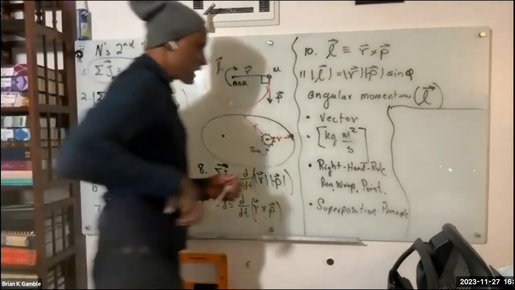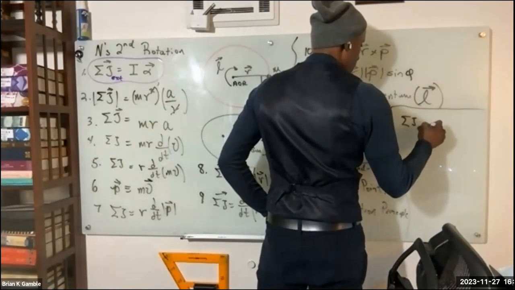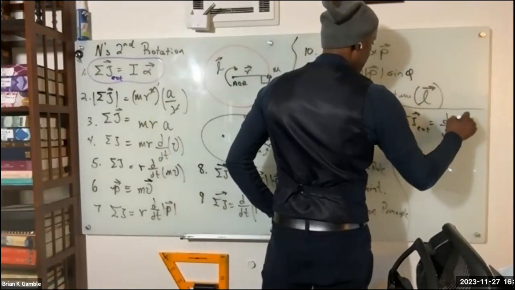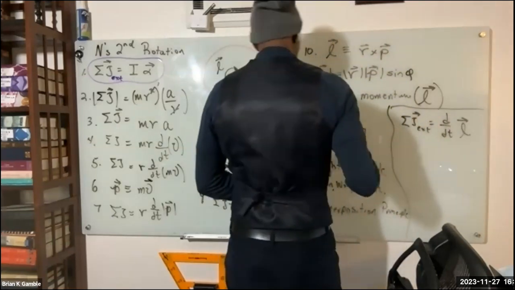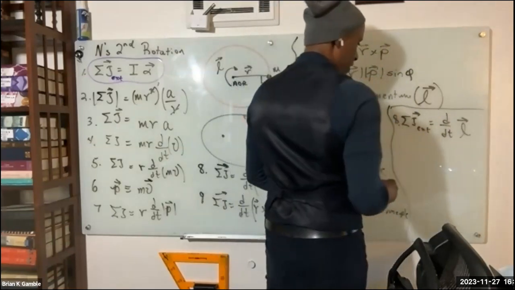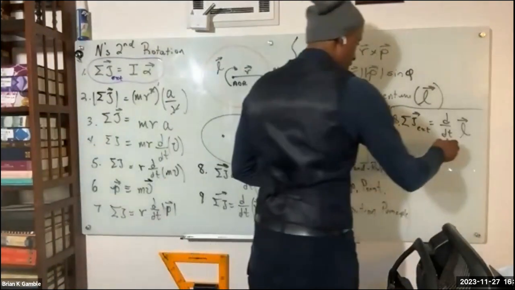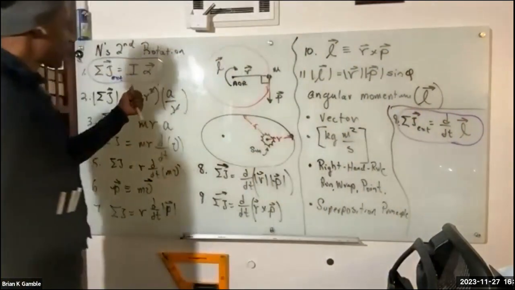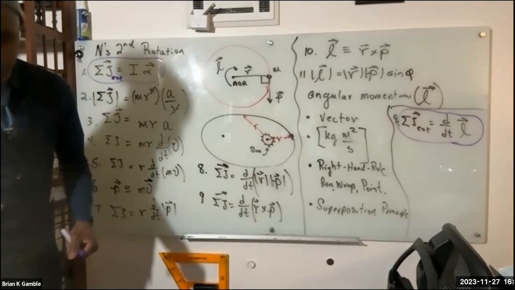Or, the net external torque on a system is equal to the time rate of change of the angular momentum. See how that works? Similar language to what we said with the second version of Newton's second law for linear motion.